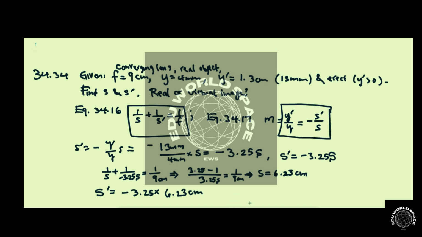So that gives me an s prime of minus 20.25 centimeters. Okay, so we have determined s and s prime as asked. Since s prime is negative, the image is a virtual image.